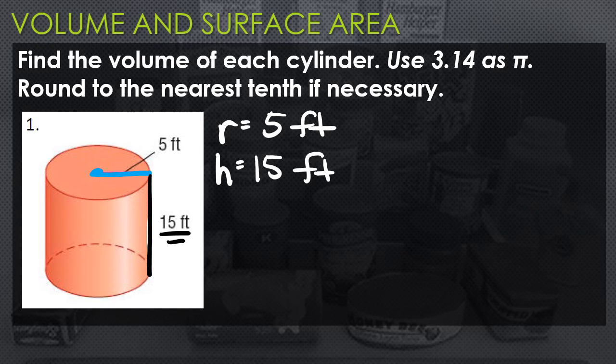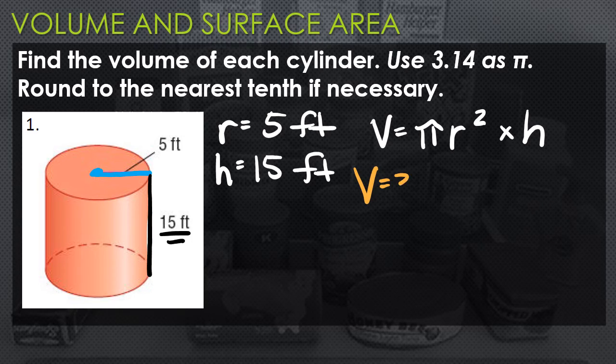Now let's write out our equation. Our volume is pi, which is going to be 3.14, times radius squared times height. So let's fill in some parts. We have volume equals 3.14, our radius is 5, so we're going to do 5 squared times 15.